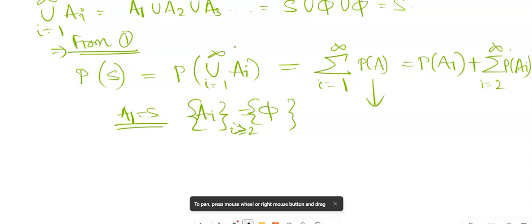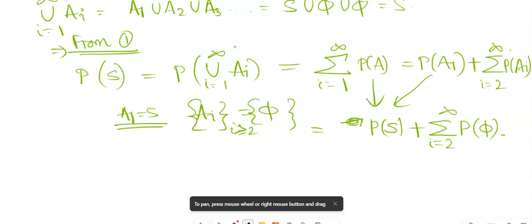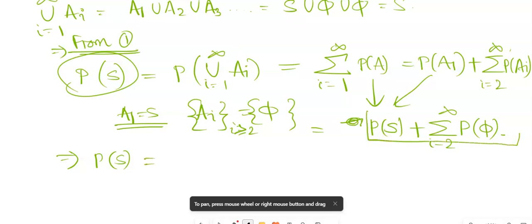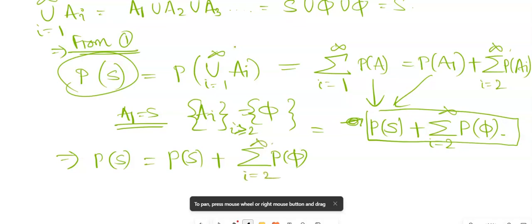Substituting here we get P of S plus the summation of i equals 2 to infinity P of phi. On the left-hand side we already have P of S, so in total we can write P of S equals P of S plus the summation of P of phi ranging from 2 to infinity.